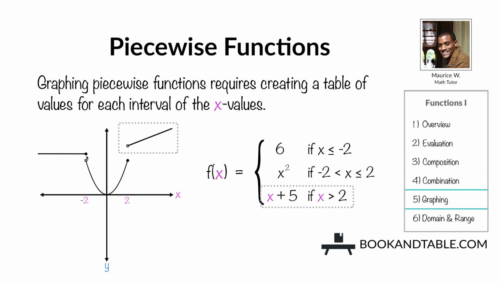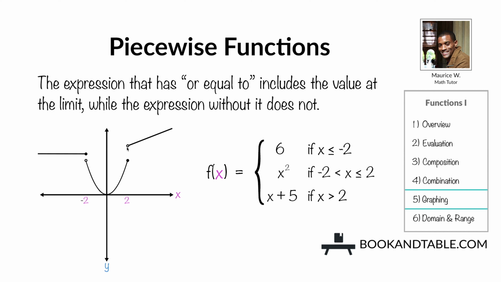Now, something to keep in mind, you'll see here at the end of each interval, you either have a filled in circle or an empty circle. This is because the expression that includes or equal to includes the value at the limit, while the expression without it does not. So here we see that x is less than or equal to negative 2.